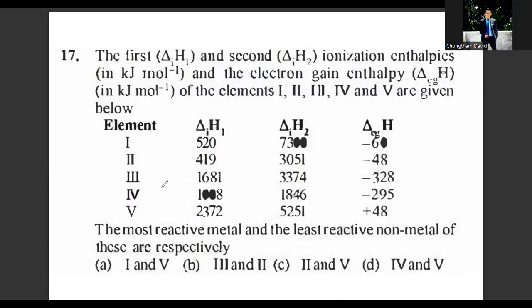So among these, 2 represents the most reactive metal and 5 represents the least reactive non-metal. So 17 would be 2 and 5. So this would be option C. I hope it is clear.